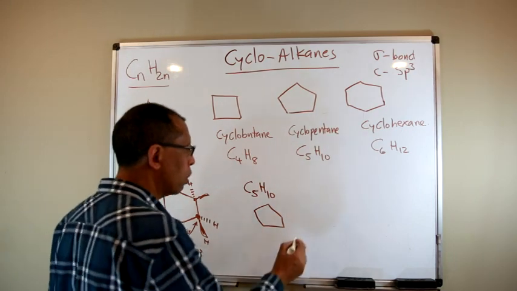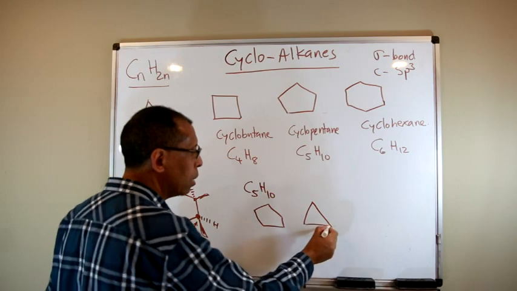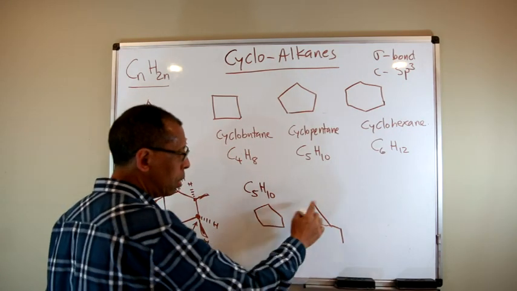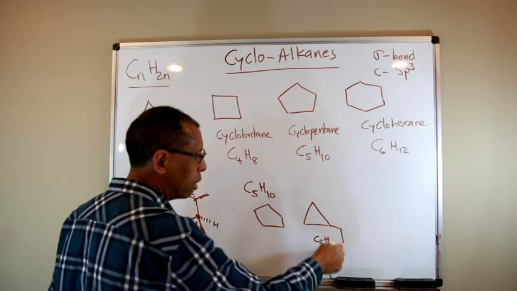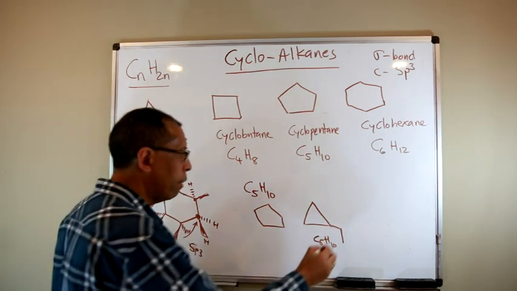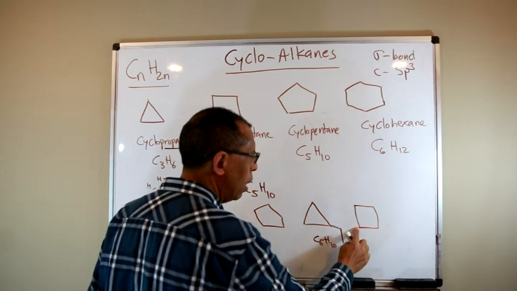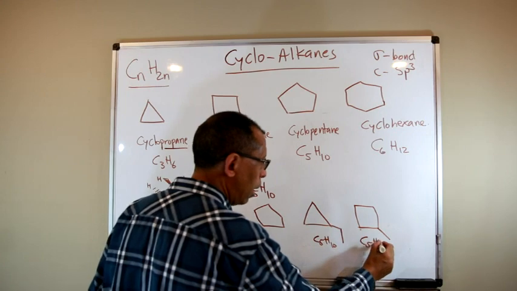For example, let's start with 3 carbons. If I have 3 carbons in the cycle, there are 2 carbons that are out. So this is still C5H10. Ethyl group as a substituent, 2 carbons as a substituent. I can also have a 4 carbon cyclobutane and 1 substituent, which is still C5H10.